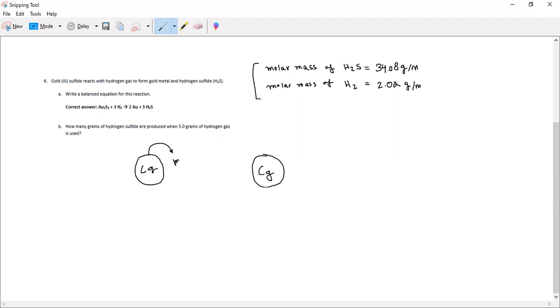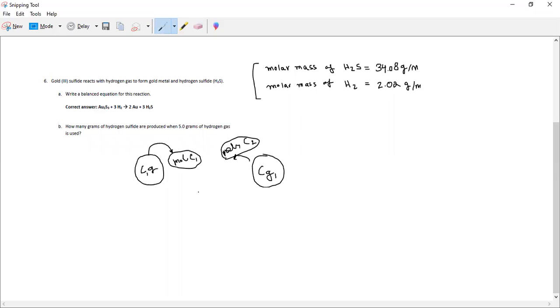But once we convert it to moles of that compound, then, if we have the balanced chemical equation, we can make a ratio of moles of compound 1 to moles of compound 2.